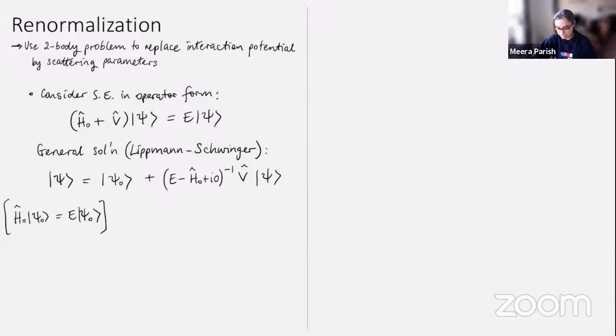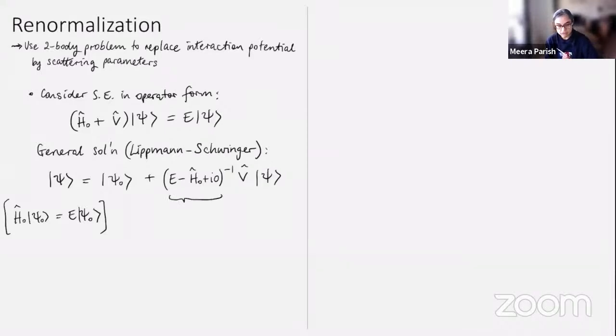Remember, when we were discussing incoming and outgoing scattering waves, by putting this in here you can show, I won't show it here, that you get the correct outgoing scattered wave. So it does have a physical meaning as well.